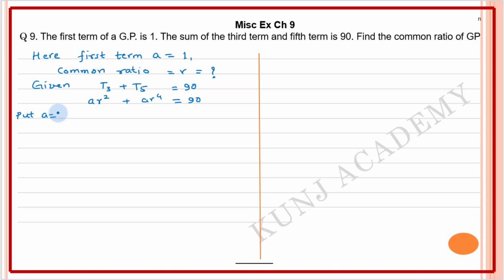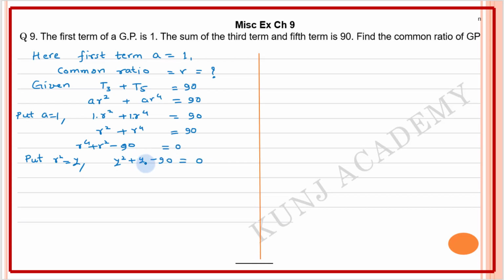Put a = 1. r^2 + r^4 = 90. r^4 + r^2 − 90 = 0. Put r^2 = y. Then y^2 + y − 90 = 0. 10 nines are 90.